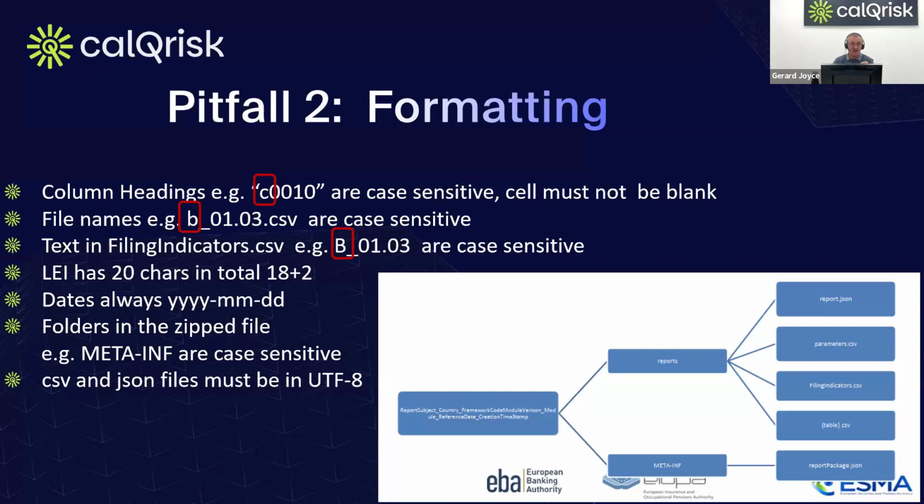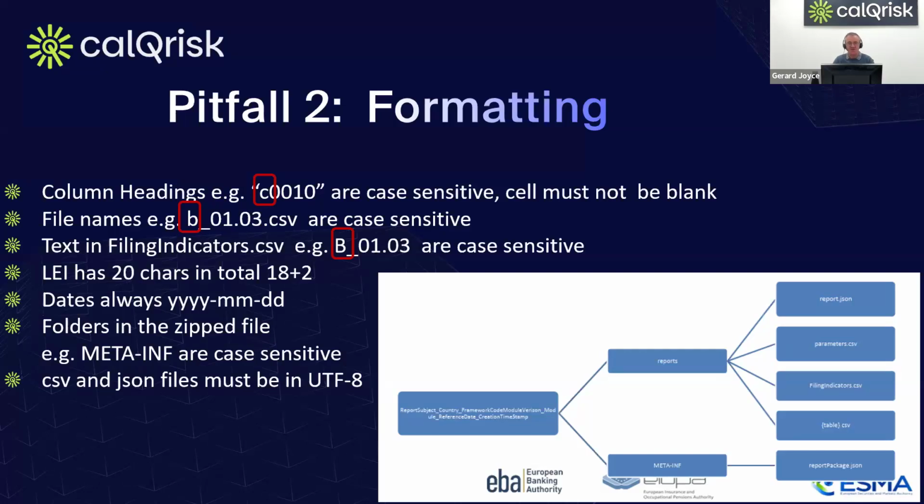Whereas the filings indicators file, which is one of those, ultimately, I think about 19 files, it has the reference of all the tables you're submitting, and that has to be in uppercase. I didn't write the rules. Don't beat me up. The case is important because it'll get rejected if you have the wrong case.